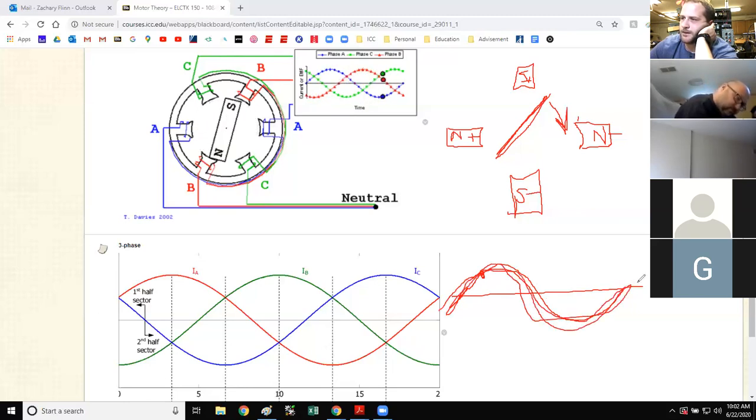It does it automatically. The only weird thing about AC single phase motors is sometimes it needs a little help to get started. So a lot of them, bigger horsepower especially, have capacitors on there, capacitor start motors, that help kickstart the process. I don't know if you can see this.